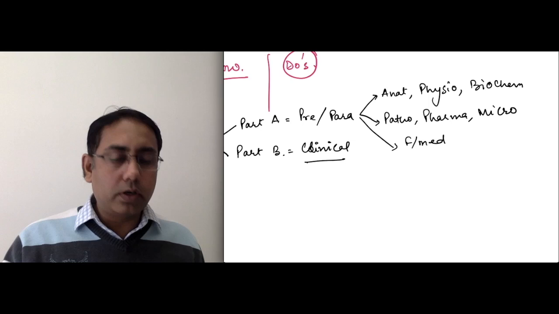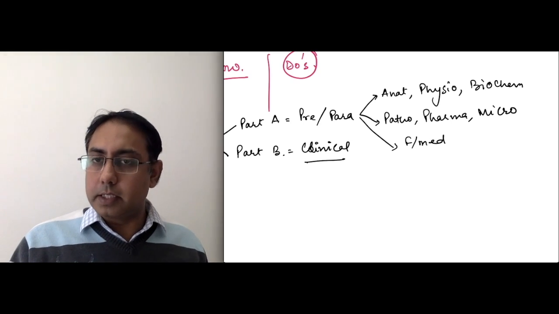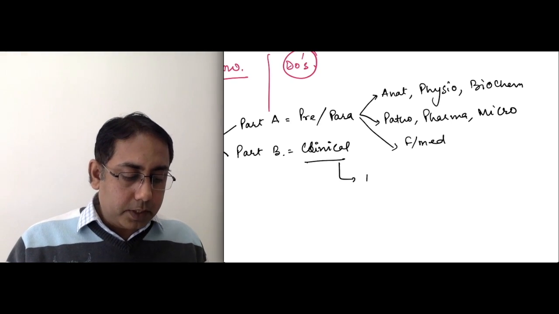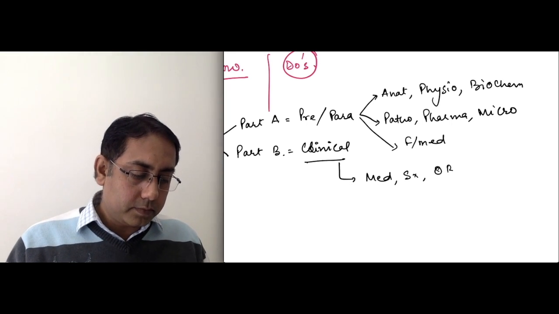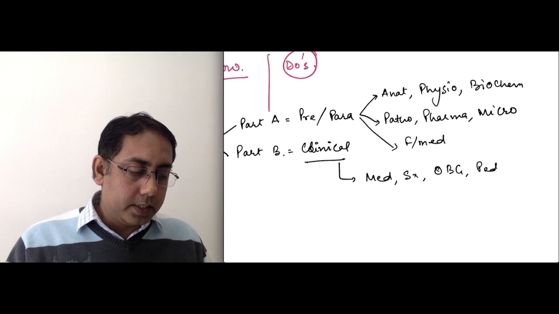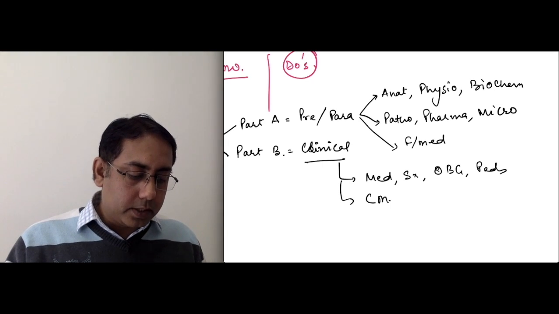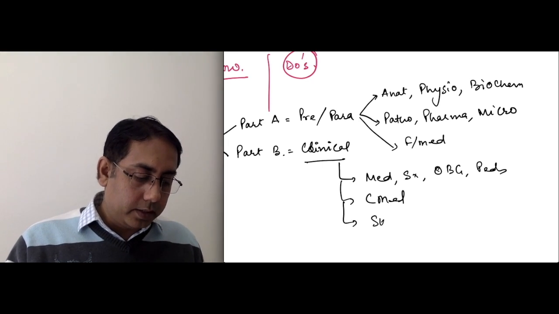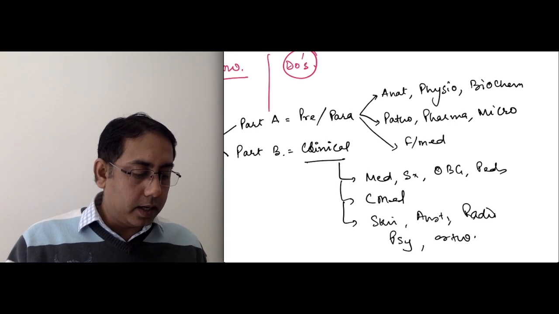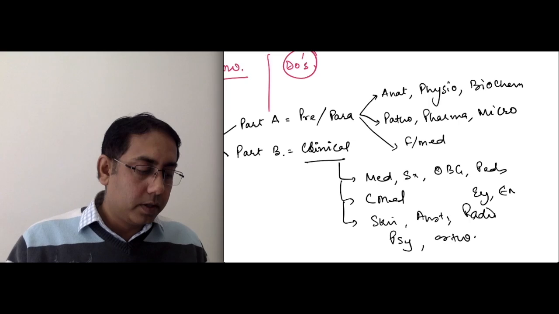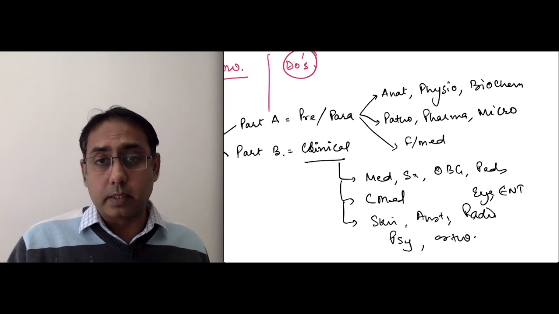The clinical subjects are all the remaining clinical subjects: medicine, surgery, gynae, peds, then you have community medicine, skin, anesthesia, radio, psychiatry, ortho, and eye, ENT, all these are the clinical subjects.